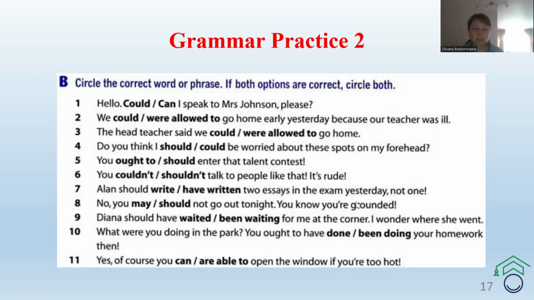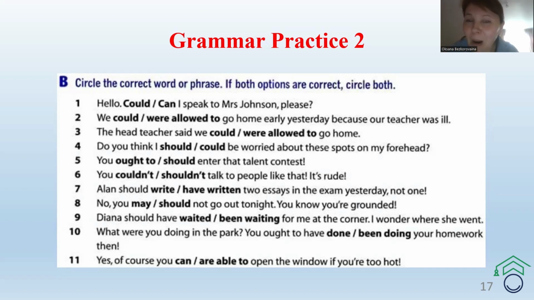Вікторія, будь ласка. Sentence 10. What are you doing in the park? You ought to have done your homework then. Have done. Have done. It means the action should be completed, yeah? What were you doing in the park? It means that instead of, for example, you are my daughter and I'm your mother.